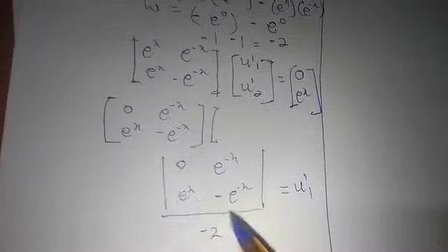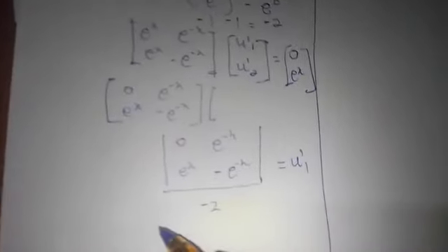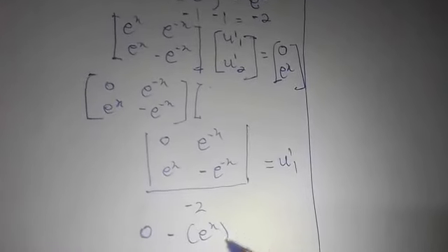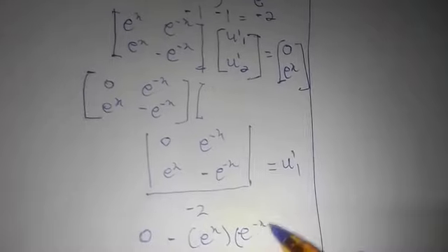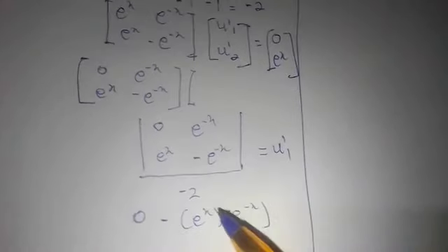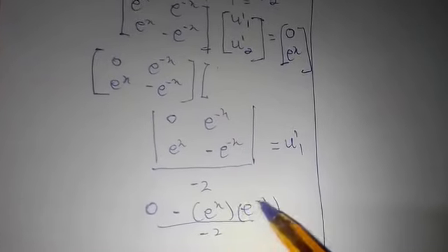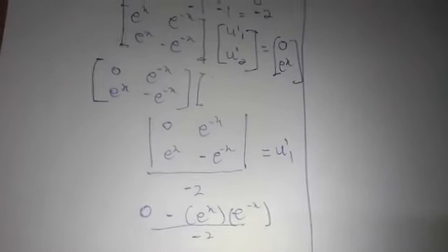When I cross multiply here, I'm going to get 0 minus the expression e to the power x multiplying e to the power negative x, all over negative 2. Here they will add, and I'll get e to the power 0, which is 1.